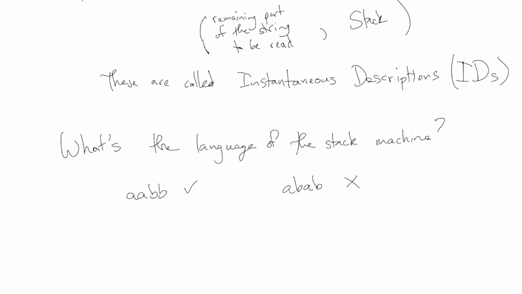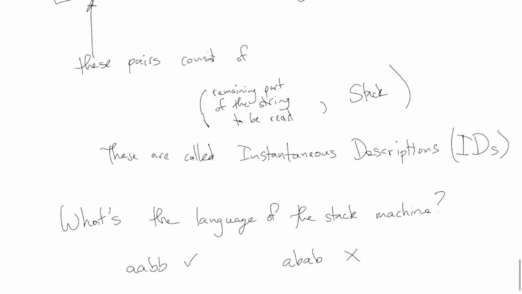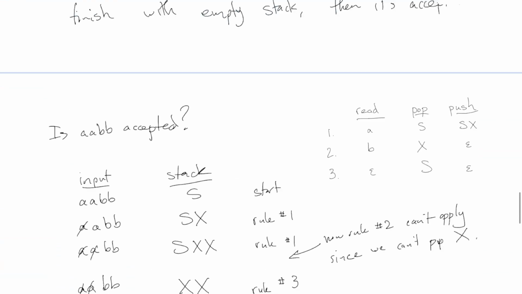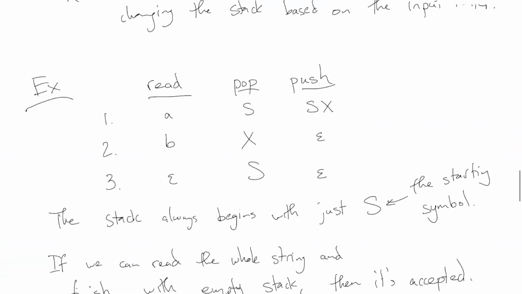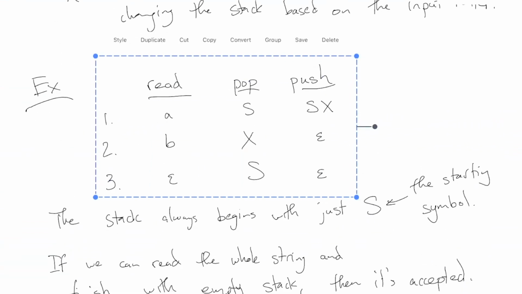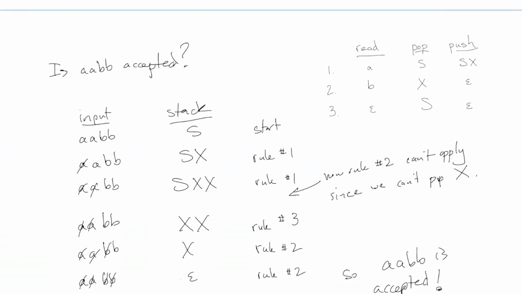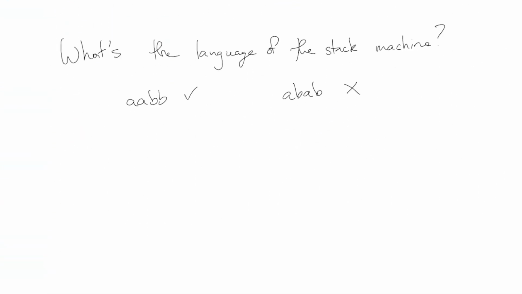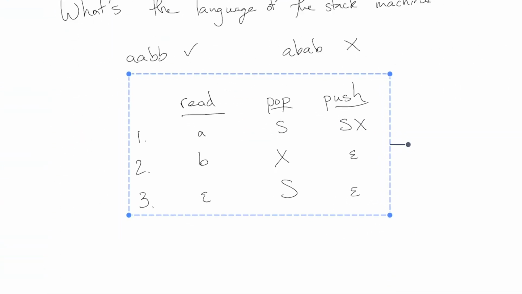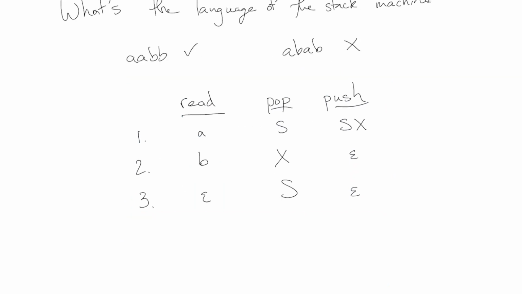Did anybody get a feel for this as we're going? Maybe I'll look at the steps again. I'm going to copy this down here. What does it take to be accepted on this stack machine? Anybody got any thoughts? What is necessary to be accepted?